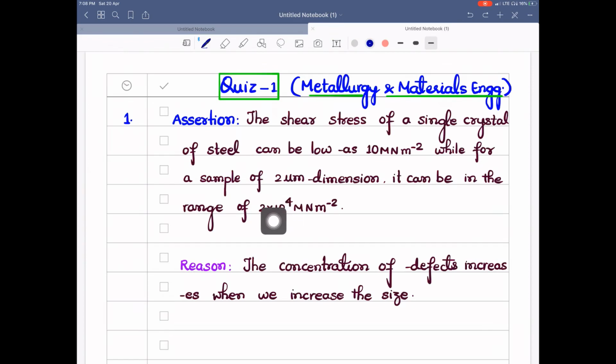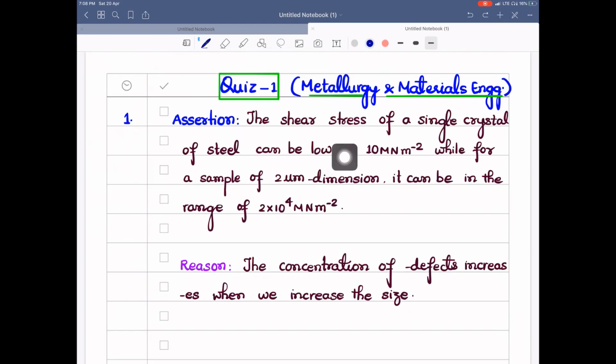In the first case we have not been given any data about its dimension, but in the second case the dimension is very small, that is 2 micrometer. Now let's see the reason. The concentration of defects increases when we increase the size.